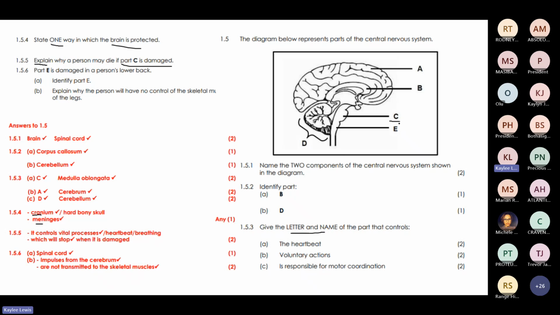It controls involuntary actions, such as your heartbeat and breathing. Now, if this structure is damaged, why will a person die? That's what the question is asking. And it's explain. So remember, explain is cause and effect. So often say what will happen and why. That's how you have to approach it.